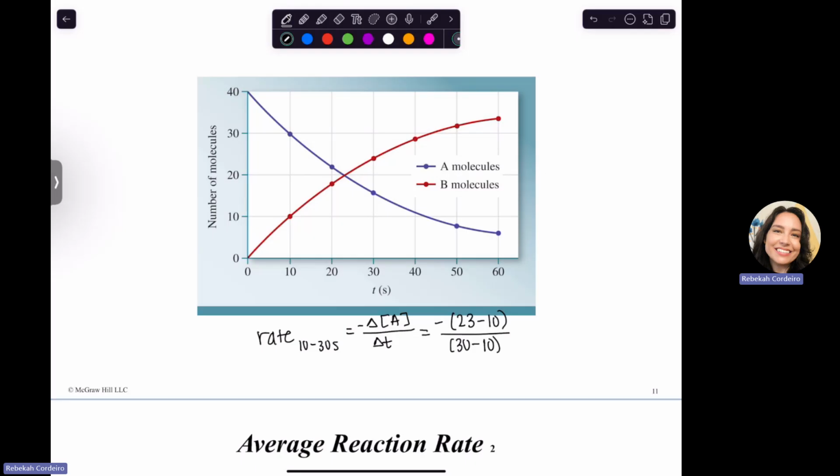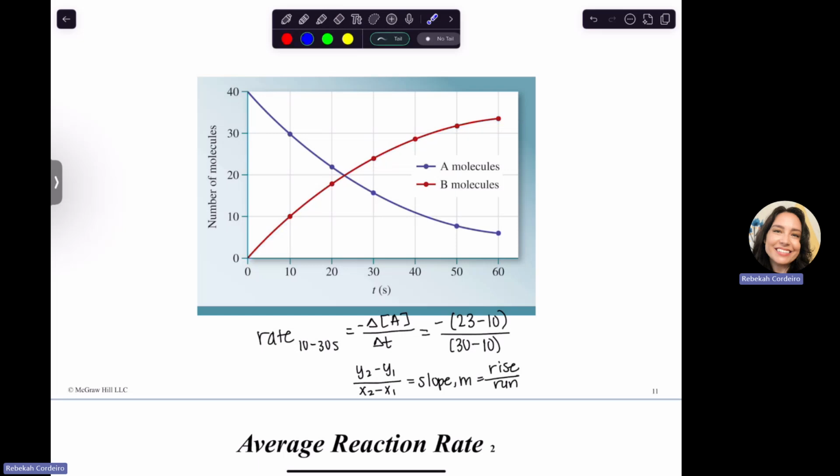This should look like y2 minus y1 over x2 minus x1, which is slope, or m, which is rise over run. What we're doing is taking the average rate between these 2 points. But as you can tell just by looking at this graph, this is not a straight line. So it's not going to be perfect, but we can get it as close as we can.